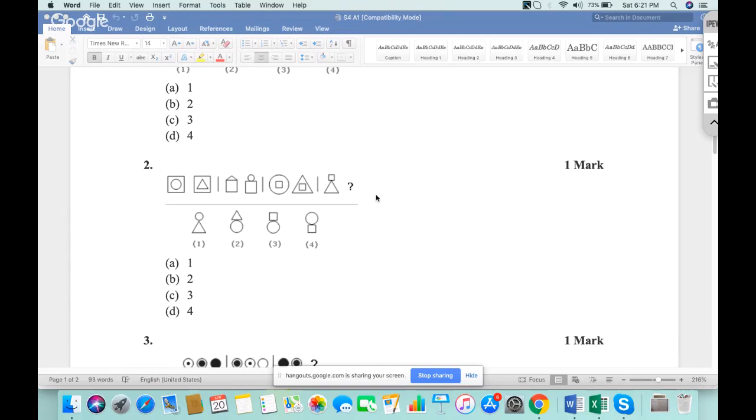So you look at here, the option would be option 3. This is very much clear. This should be very much clear to all of you.